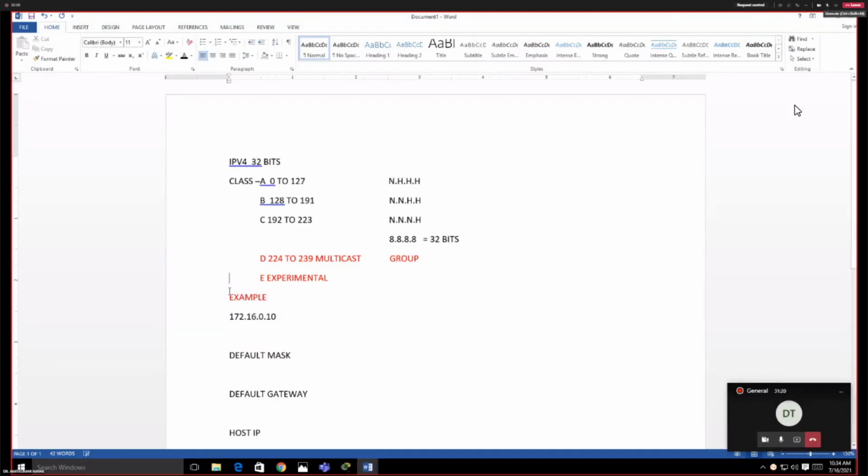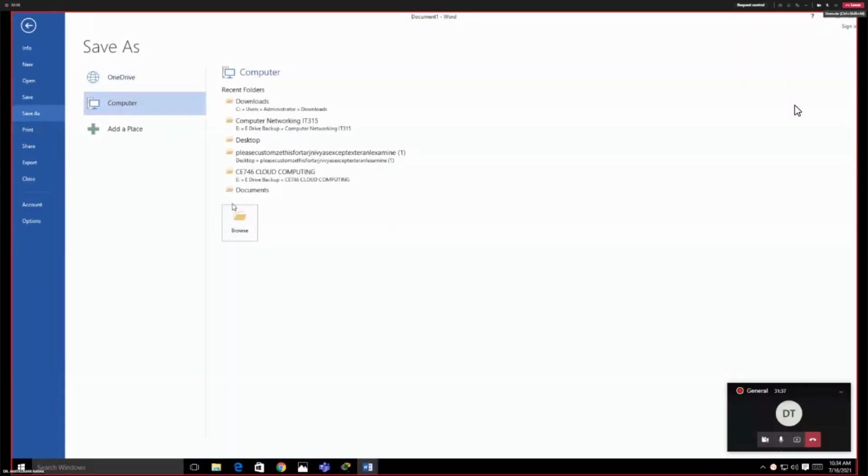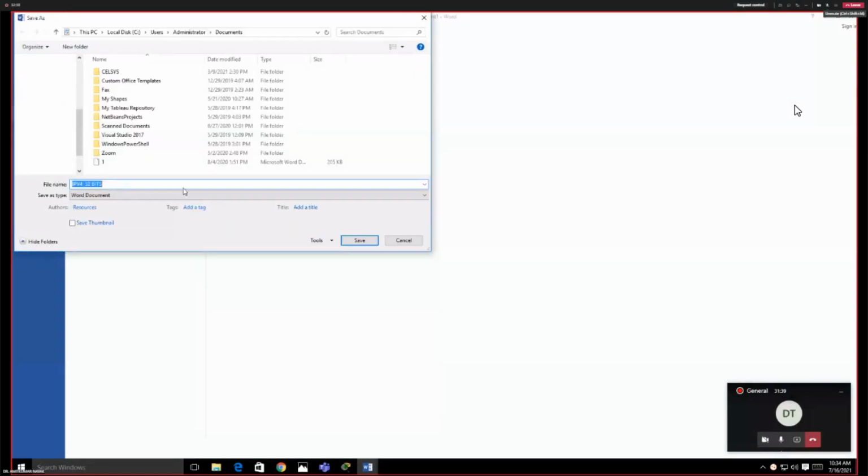Right now I am discussing one example, where the IP address given to you is 172.16.0.10, and you have to identify.